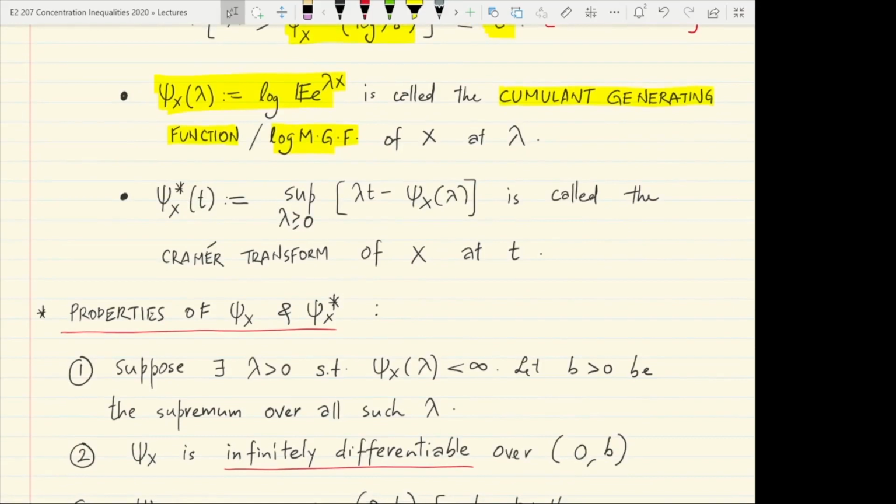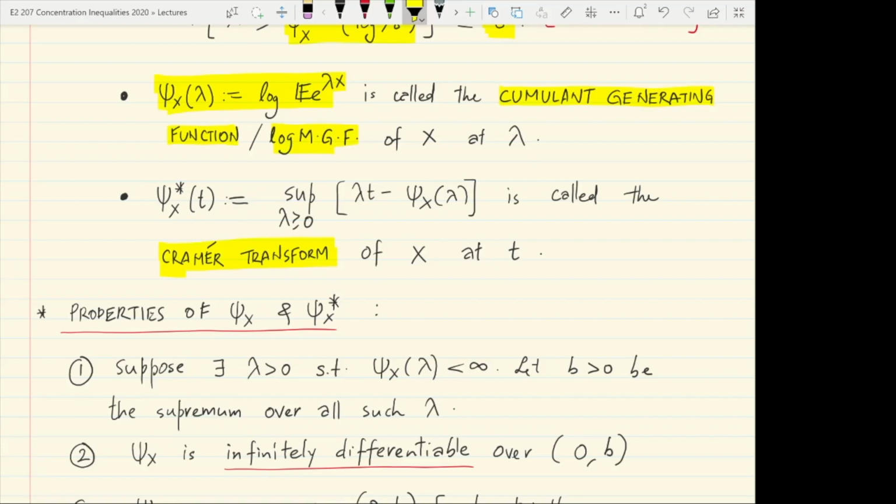The third remark is that this function, which is derived from Cx, which is called Cx star, by solving an optimization problem involving Cx, is often called the Cramér transform of x. So if x is a random variable and you evaluate Cx star, this function is called the Cramér transform of the entire random variable x.